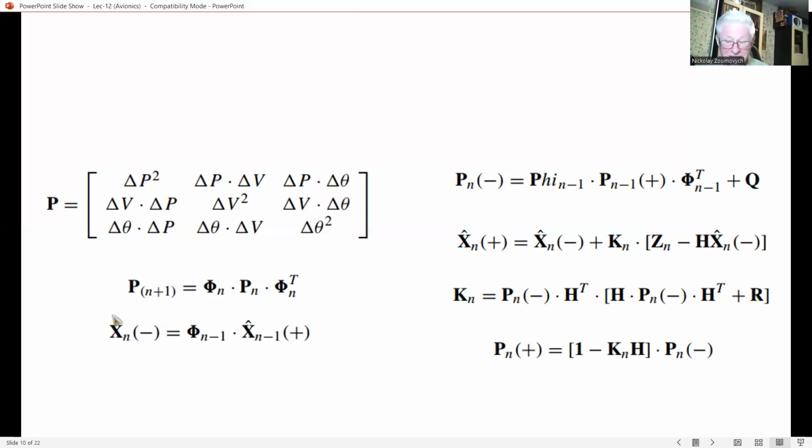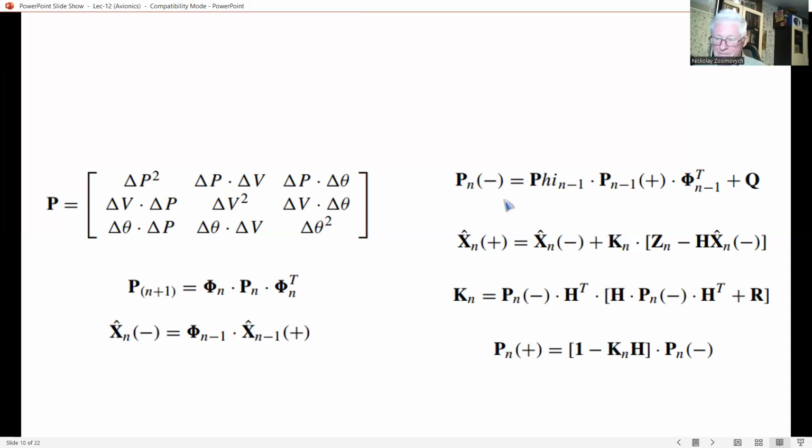F n minus 1 in the previous step times x hat in the previous step gives the future x hat minus. And the error covariance matrix is also extrapolated, on the right side at the top.